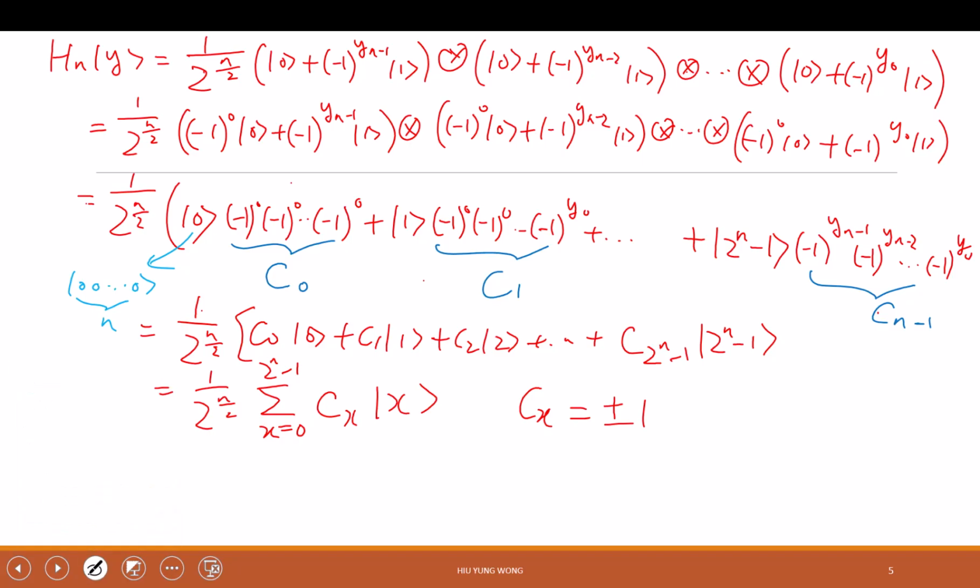Let me give a general form. X equals xn minus 1, xn minus 2, all the way to x2, x1, x0. Each of these terms has a binary representation. So any x can be represented with xn minus 1, not to the power, but subscript.